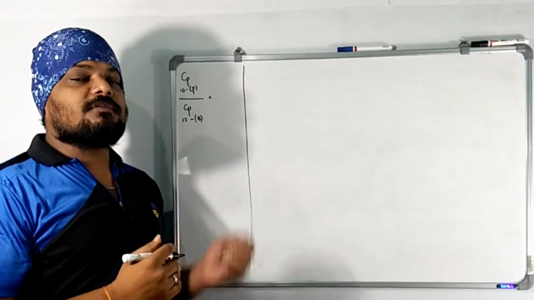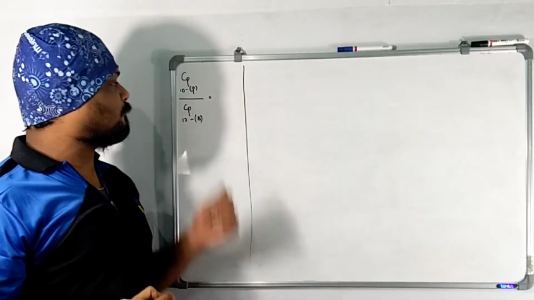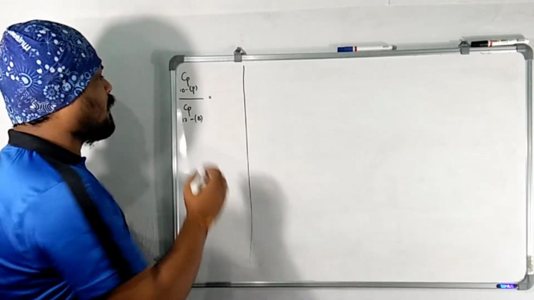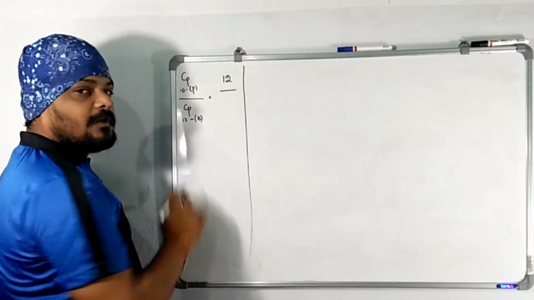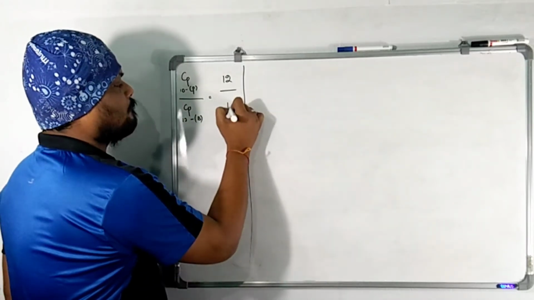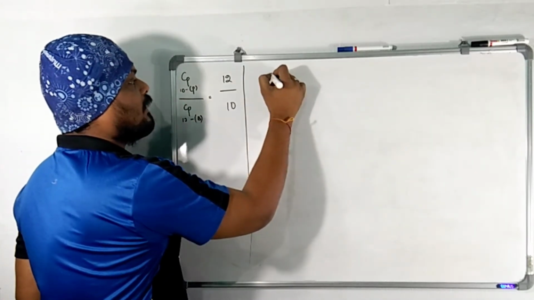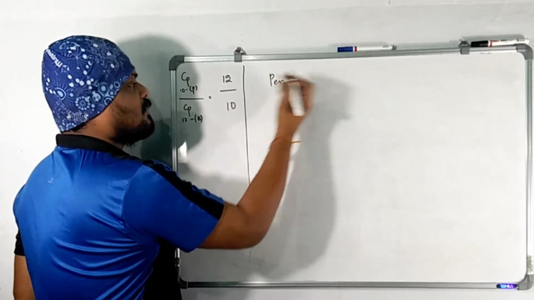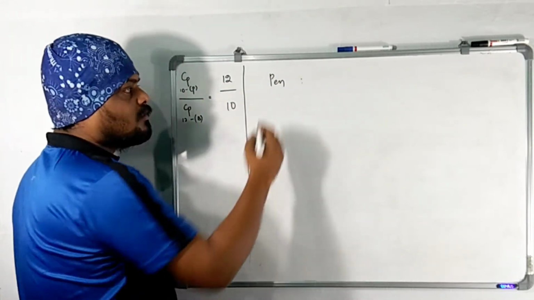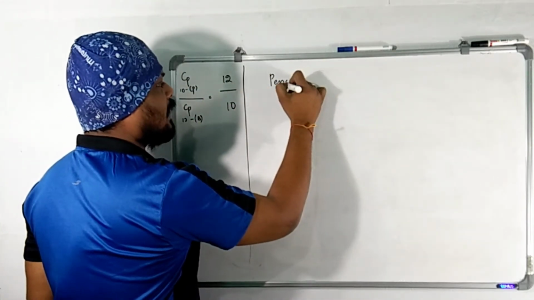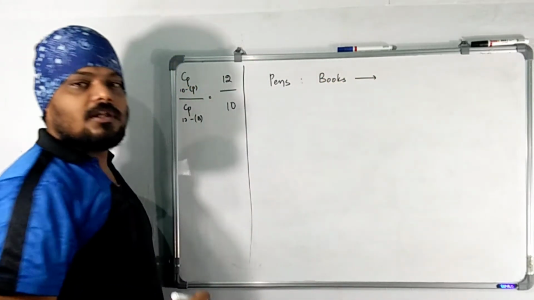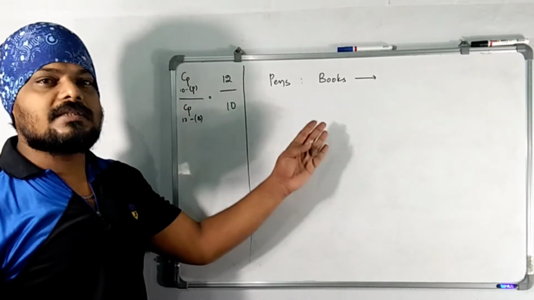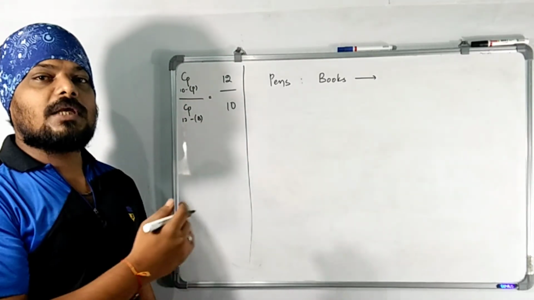Using the previous concept, the exact cost price of 10 pens is 12, and the exact cost price of 12 books is 10. Here I am trying to take these fractions into ratio form. The first condition of the question is about pens and books, so I am writing them as ratios.